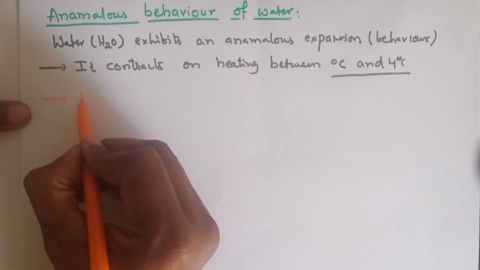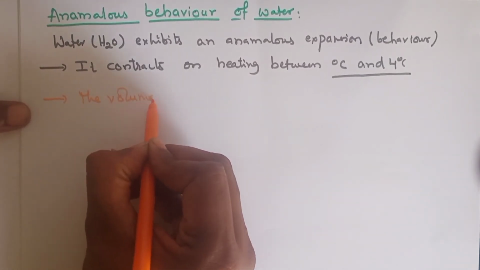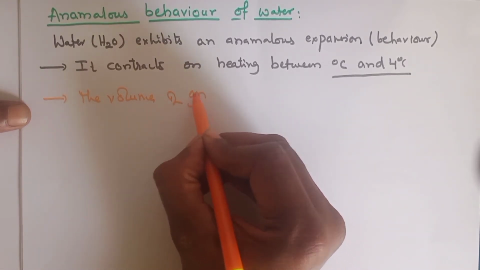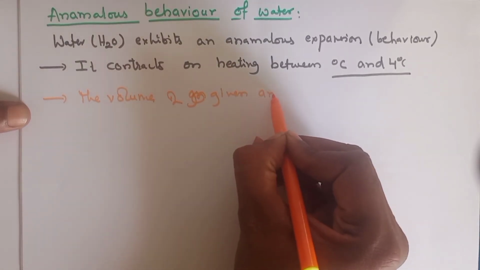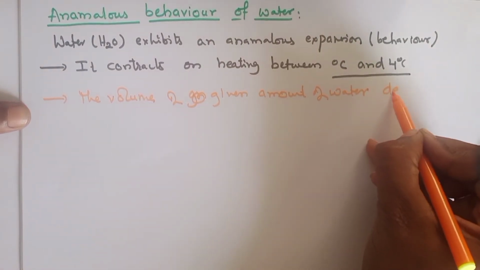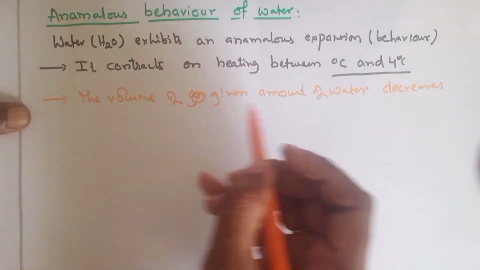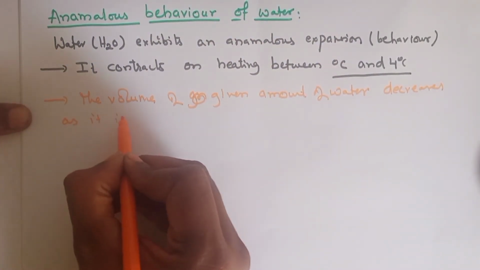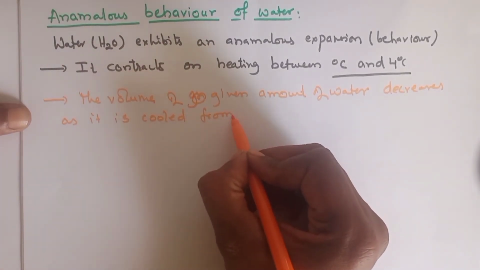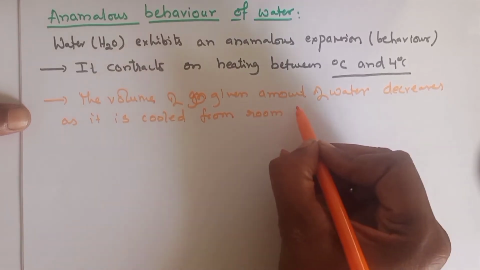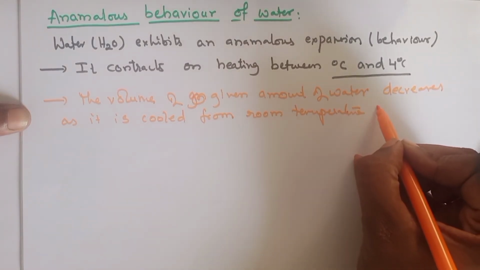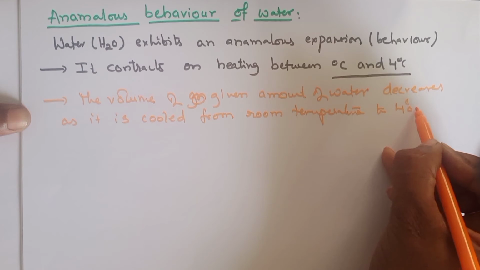The volume of a given amount of water decreases as it is cooled from room temperature to 4 degrees centigrade.